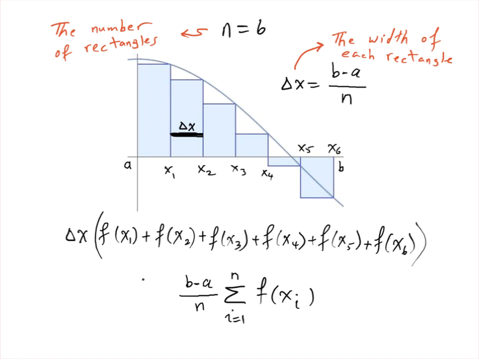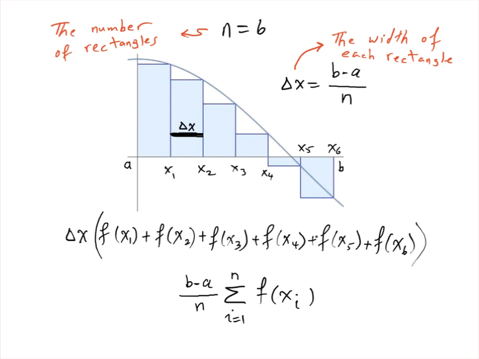In general, when n is any number of rectangles, this expression looks like this. We use this notation sigma. This sigma indicates the sum, and we use an index like i to vary from 1 to n, n being the number of rectangles again.